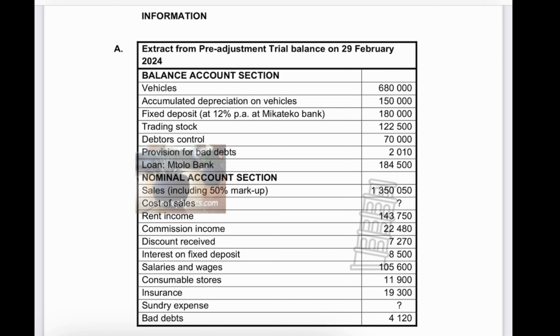So these amounts are either miscalculated, or some are omitted, or there's just something missing with the amount. Most of them are not final amounts, which means you must find additional information which will tell you what to do to adjust these amounts so that we can have the final amounts which will go into our income statement, so that our net profit for the year can be a true reflection of what really happened during the year.